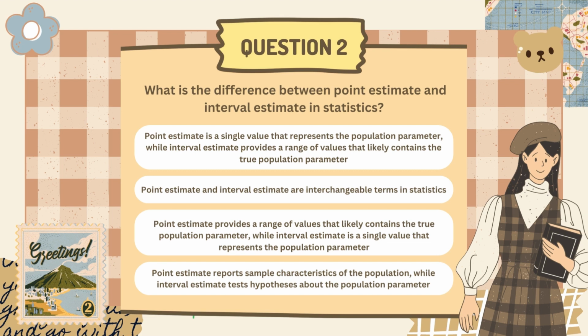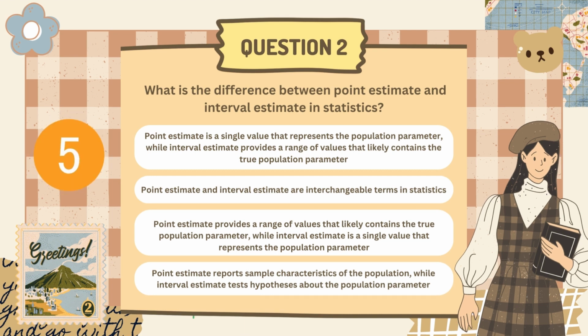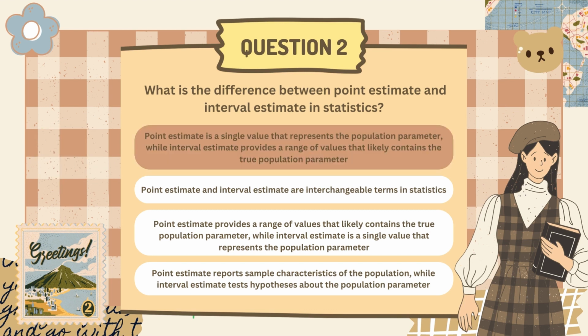C. Point estimates provides a range of values that likely contains the true population parameter, while interval estimate is a single value that represents the population parameter. D. Point estimate reports sample characteristic of the population, while interval estimate tests hypotheses about the population parameter. The correct answer is letter A.